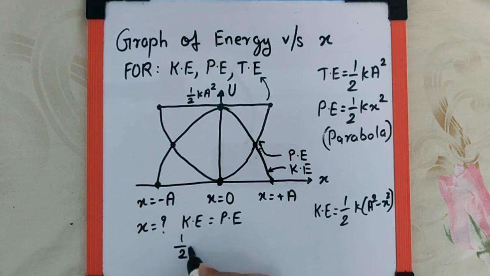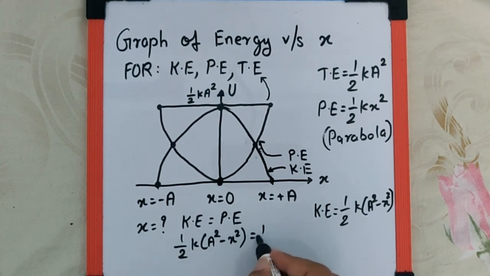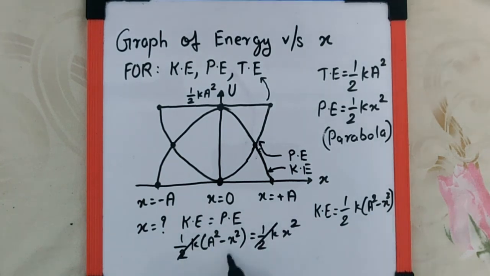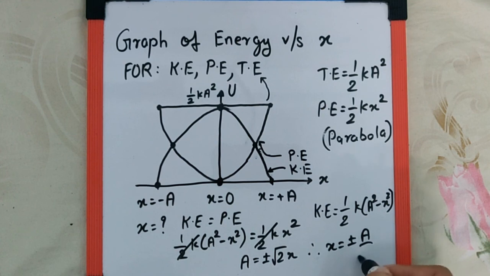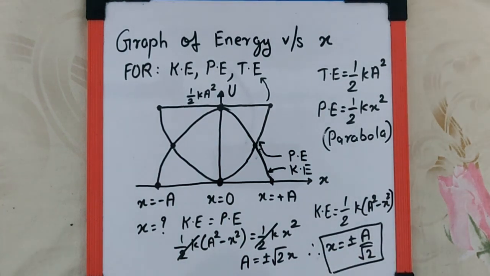We have half k a square minus x square equal to half k x square. So half k gets cancelled, x square goes to that side, becomes 2x square. That means if you take square root, a becomes plus or minus root 2 x, or you can say x is plus or minus a by root 2. So for x equal to plus or minus a by root 2, the kinetic energy becomes equal to potential energy. Definitely you can remember this as a special case.